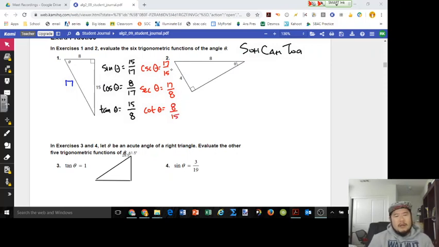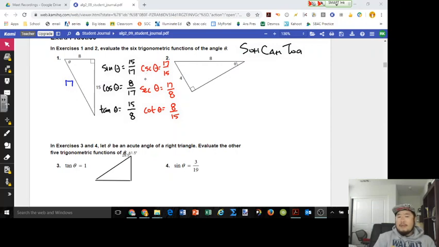Remember, all of these are reciprocals of each other. When we take the inverses, you just need to take the inverse of each ratio to come up with your answer. So you don't technically have to think about SOHCAHTOA and say cosecant is hypotenuse over opposite, and then find hypotenuse over opposite.